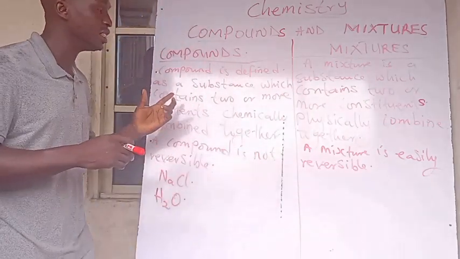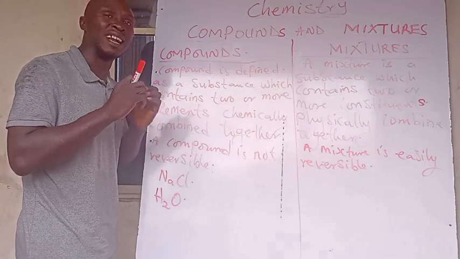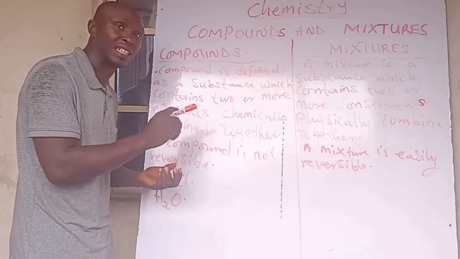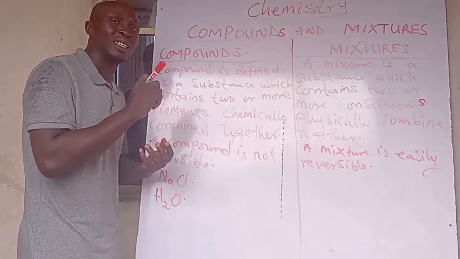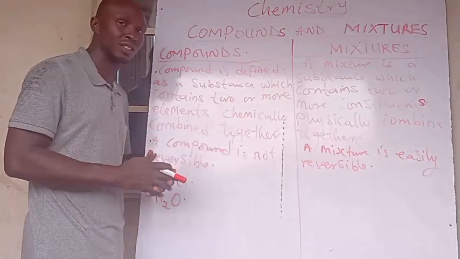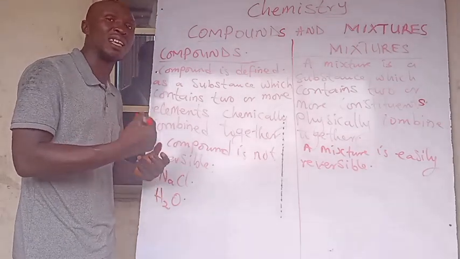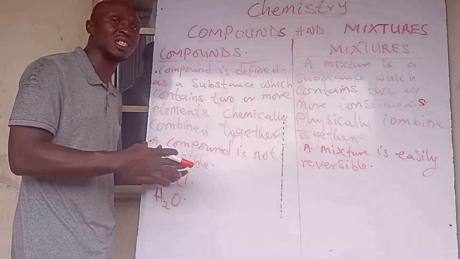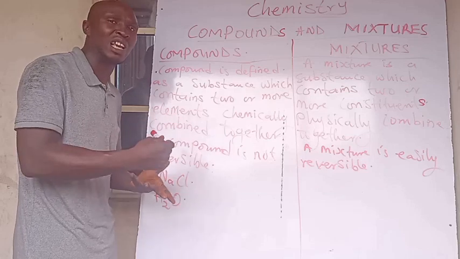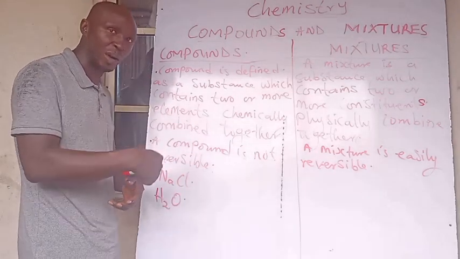A compound can only be separated, like I said, when you have another reaction, where an element supersedes another element in the electrochemical series. When I'm discussing the electrochemical series, you get to see how an element easily displaces another element, in the process liberating a particular element from a compound.